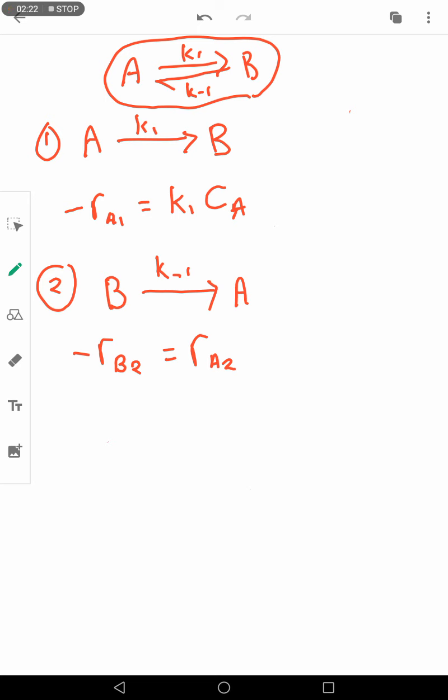So ini adalah reverse reaction punya rate law. So K underscore 1 Cb.